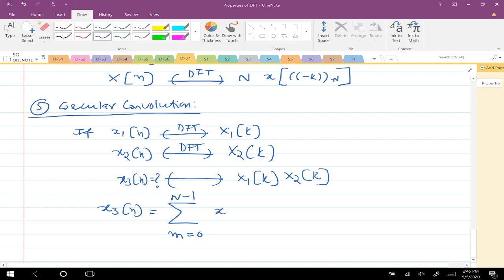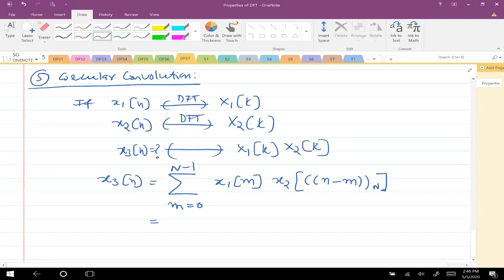Over one period, for the first one you just change the variable, and then x2 of, do you remember what you get for a periodic convolution? n minus m. Now you are treating the whole thing with just one period, so you take n minus m modulo N to bring it back to 0 to N minus 1 periodicity. So this is the definition of circular convolution.